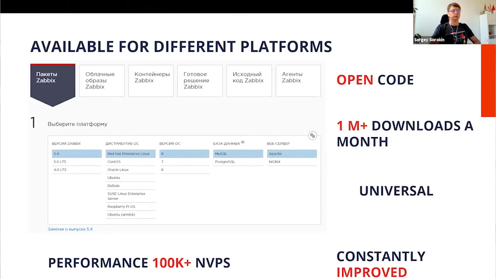Zabbix is universal. By universal, we mean that Zabbix is aimed at providing monitoring on all levels for all different kinds of equipment, solutions and software.